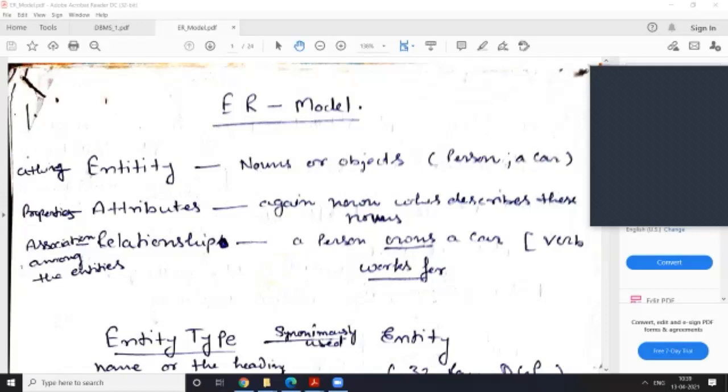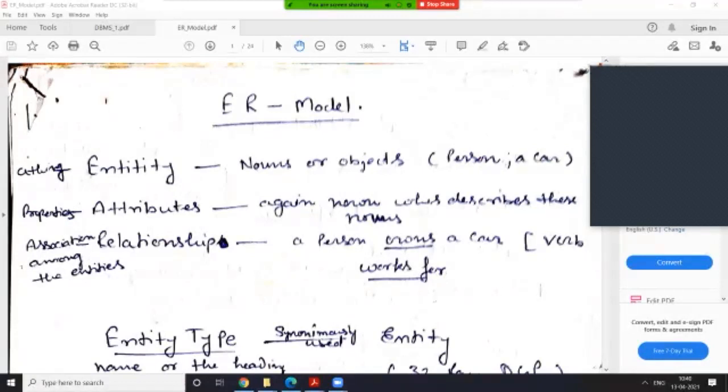So you will identify a verbal expression as an entity if that verbal expression is represented in the form of a noun or object, or you think that this thing has its own separate existence. Separate existence is the important thing, because each and every object has its own separate existence. In this way you can easily identify the various entities.